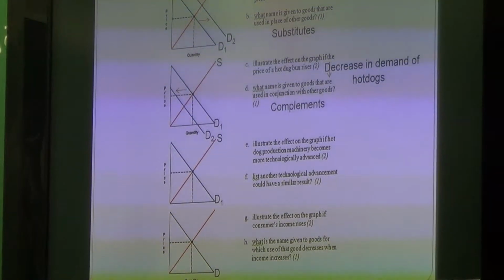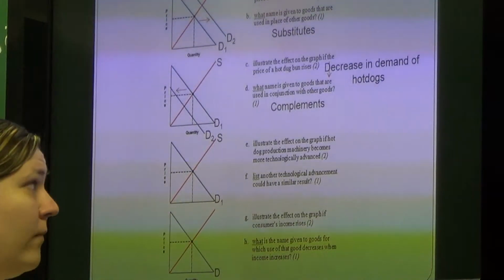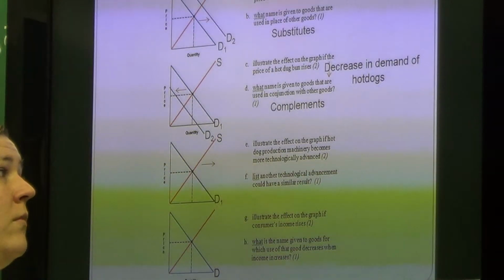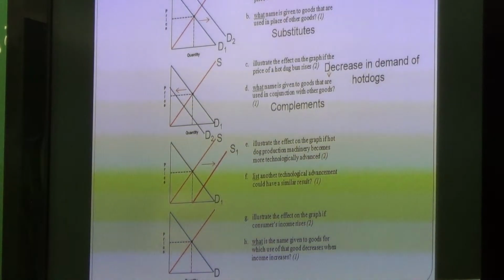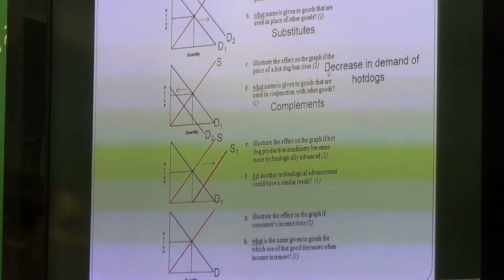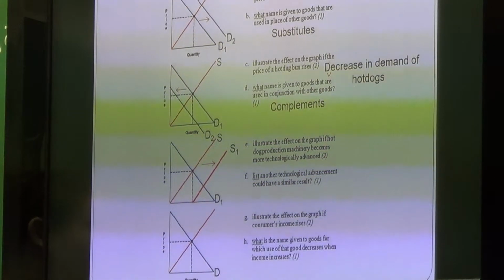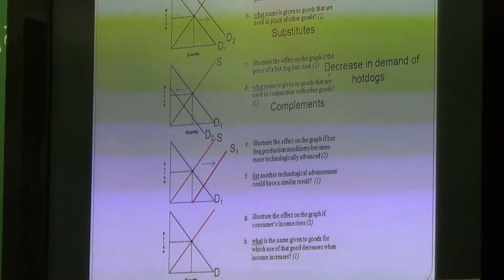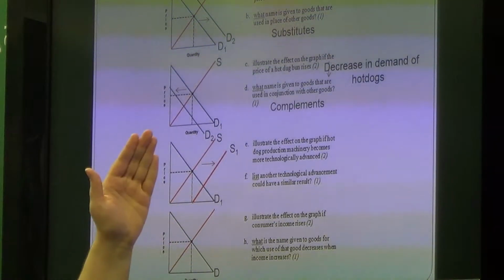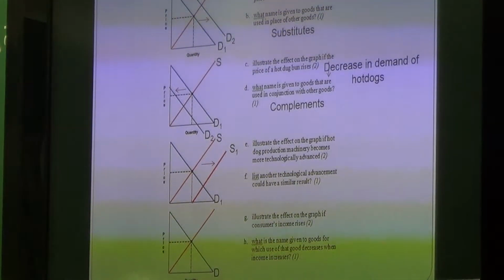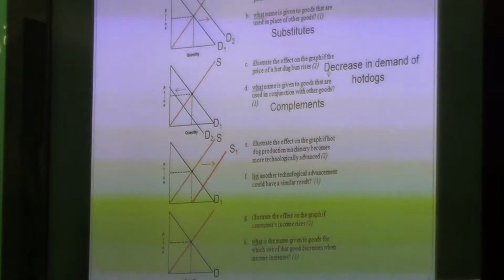So the supply curve shifts to the right. Is this making more sense? Okay. So if we can produce things more efficiently, we can make more supply increases.